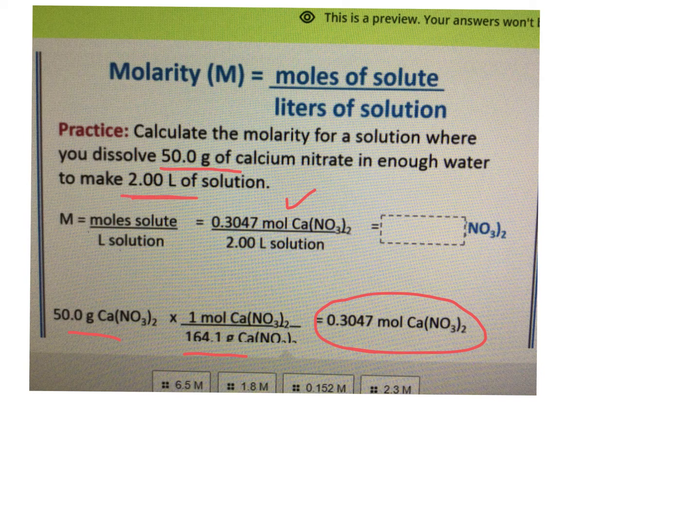So 0.03047, make sure you clear the calculator, divide by the 2 liters, and what is your answer? That is going to be in one of your questions for today's assignment. Okay, and then you can round that off. Okay, and that is your molarity.